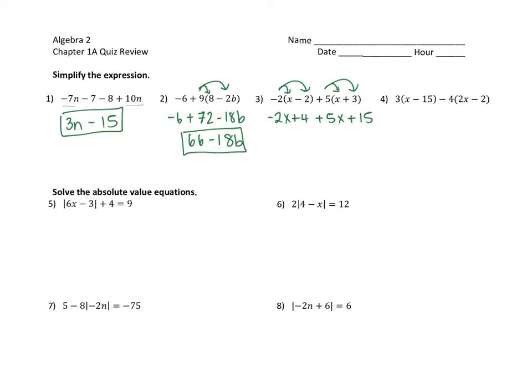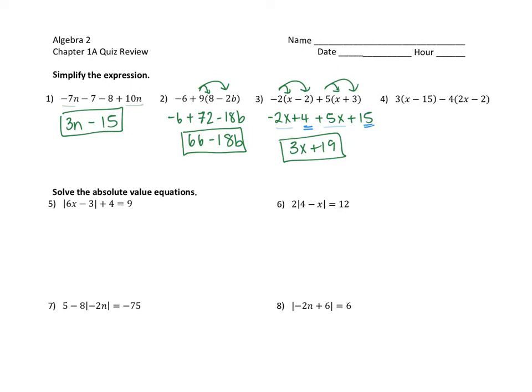Then I notice that I can combine these x's together. So -2x plus 5x gives me 3x. And then the 4 added with the 15 is going to give me 19. And there we go. So 3x plus 19 is going to be the simplified version.